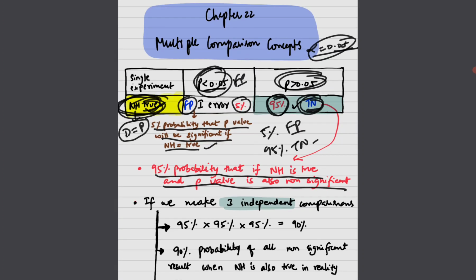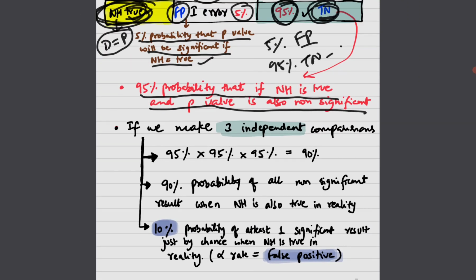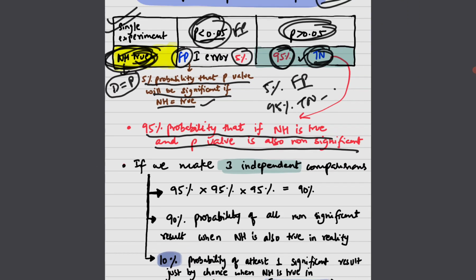Okay, now we have to talk about multiple comparisons. In this case we are talking about a single comparison or single experiment. What happens if I start to do multiple comparisons? Let's assume I'm making 3 independent comparisons like this. So I have 3 experiments.